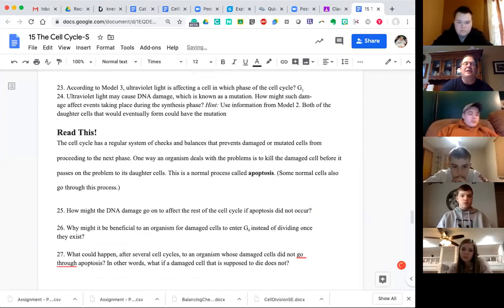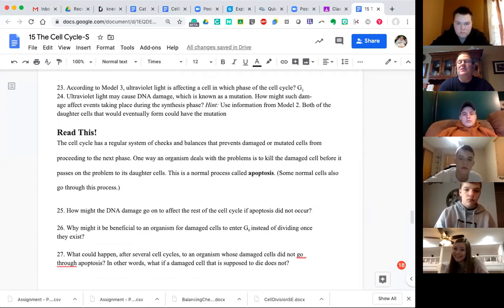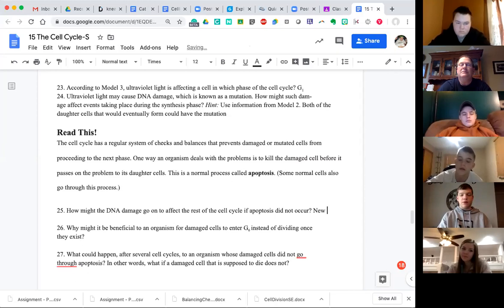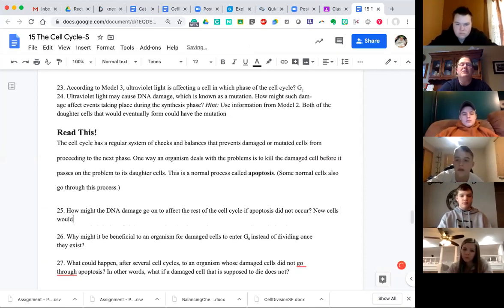So how might the DNA damage go on to affect the rest of the cell cycle if apoptosis did not occur? The new cells wouldn't really do anything. They just take up space because they might not have the right DNA. Okay, because yeah, the new cells would already be damaged.